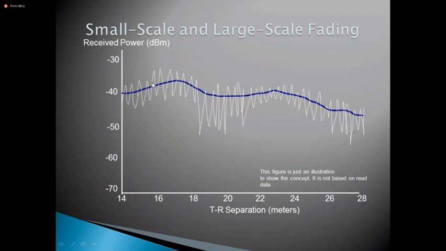And the other thing is the fluctuation. මේ තියෙන fluctuations, these are the small scale fading. මේ fluctuate වෙනවා කියන්නේ පොඩ්ඩක් receiver එක එහෙට මෙහෙට වුණොත් signal එක fluctuate වෙනවා. Fluctuations happen due to the small scale fading.